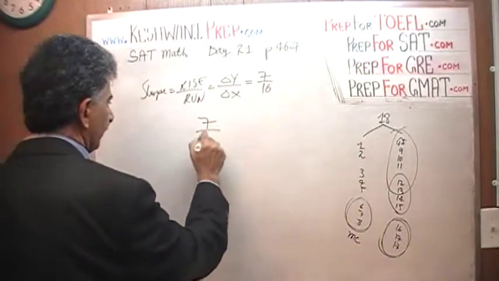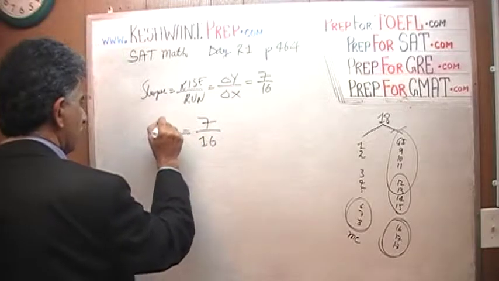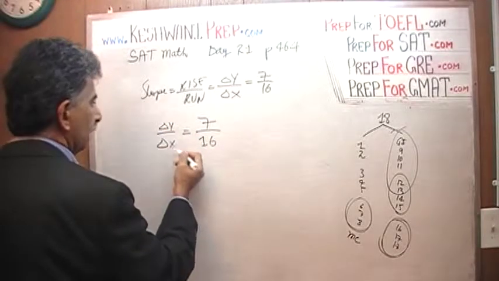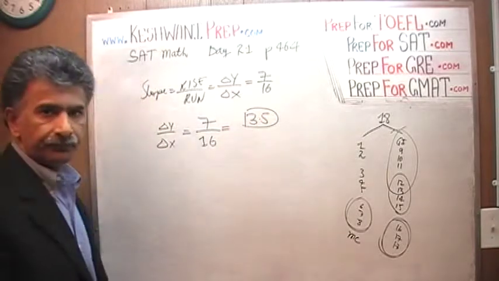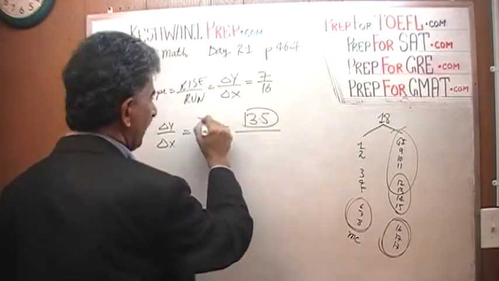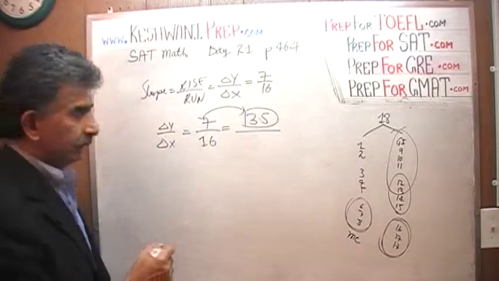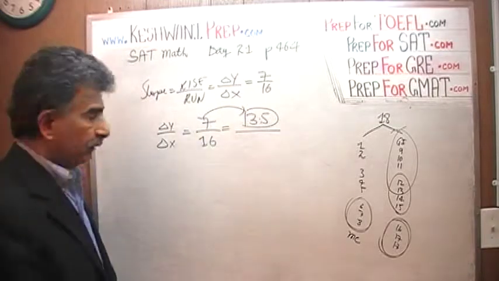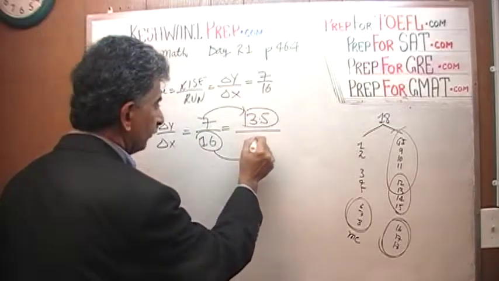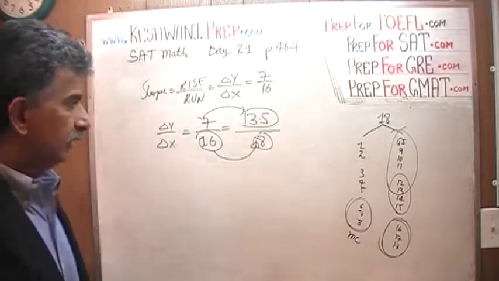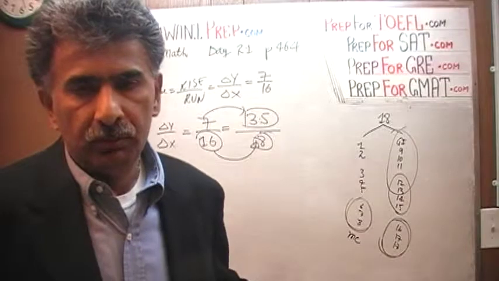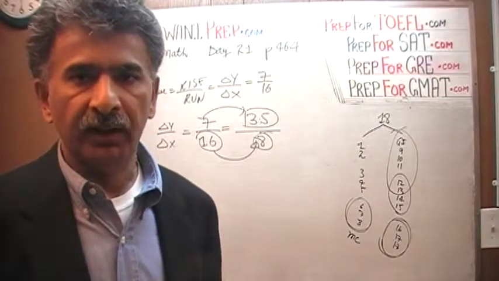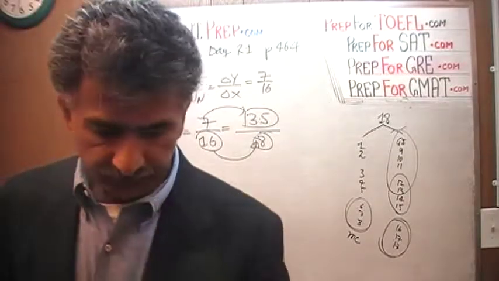This is our slope, 7/16, which is the change in y over the change in x here. What they're telling us is, what happens if y happens to be 3.5? Well, if y happens to be 3.5, which is half of 7, then this has to be half also. The answer is 8. The change in x must be 8 because your numerator is half, so your denominator has to be half. That's all. That's it. We're done with this problem.